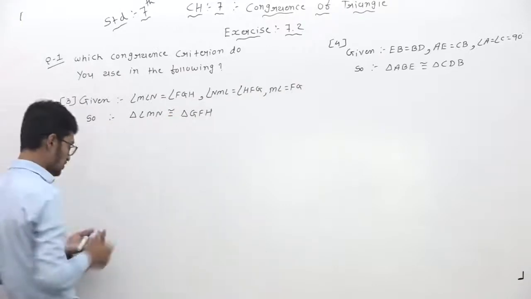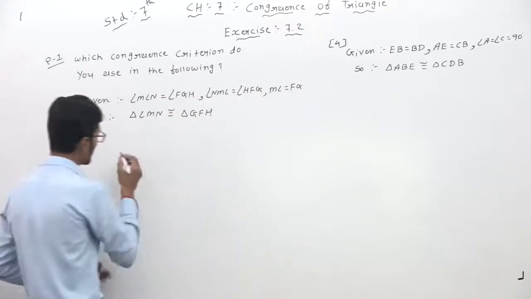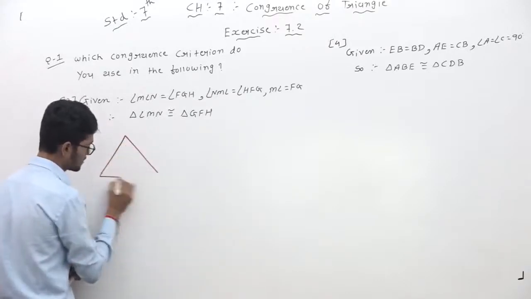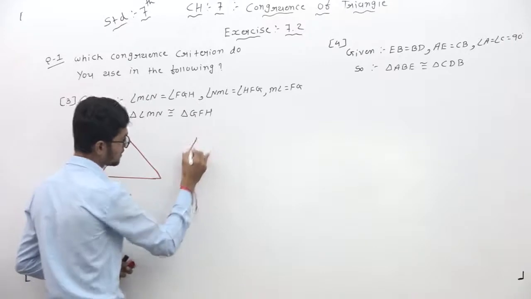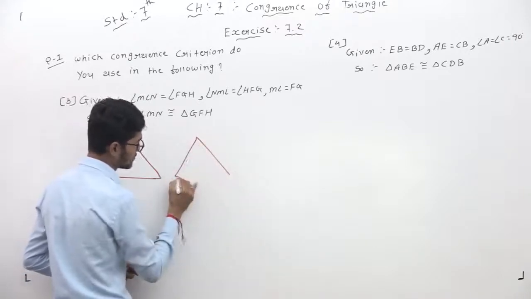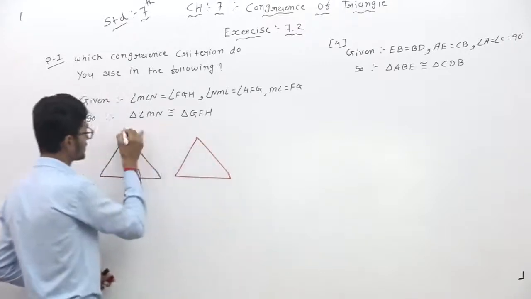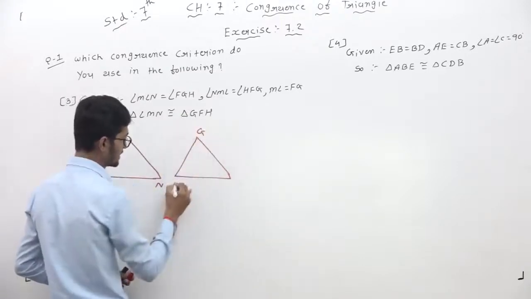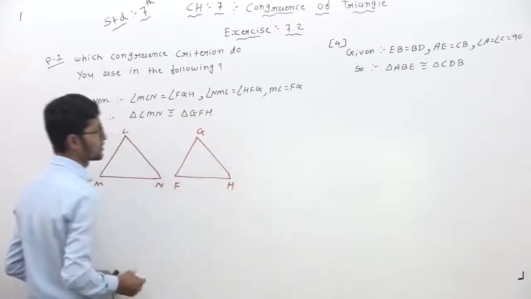So first of all, these two triangles are given, so draw our two triangles. This one is the first triangle and this one is my second triangle. Give the names L, M, N, G, F and H.